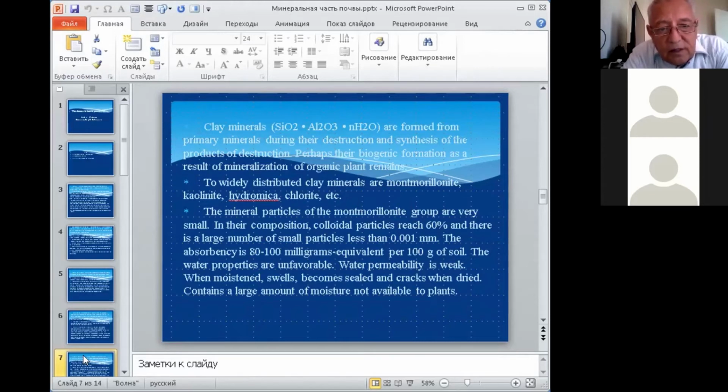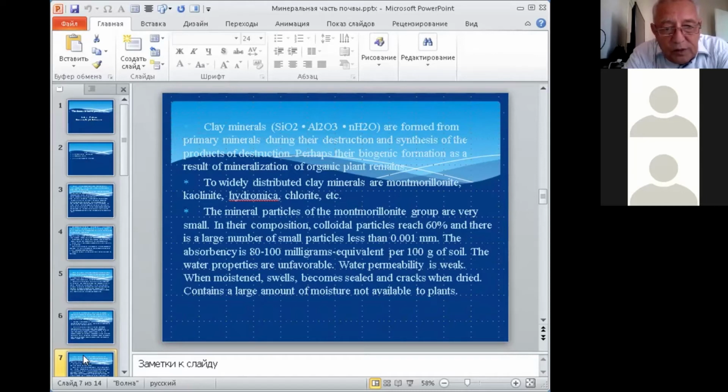The mineral particles of the montmorillonite group are very small. In their composition, colloidal particles reach 60%, and there is a large number of small particles less than 0.001 millimeter. The absorbency is 100 milligram-equivalents per 100 grams of soil.